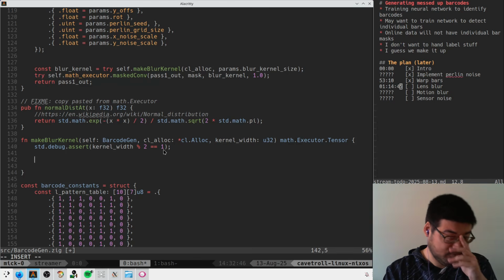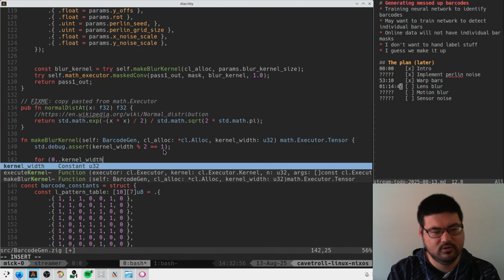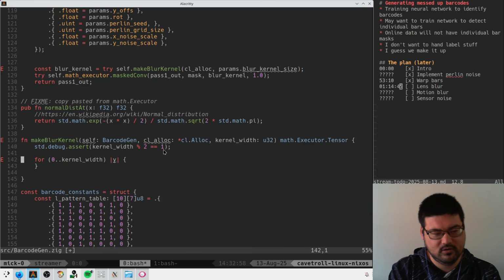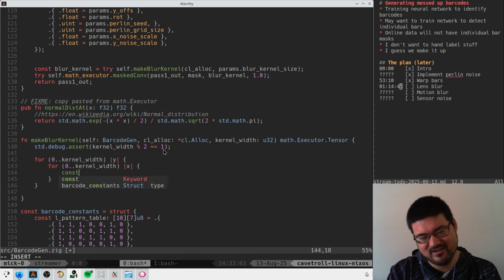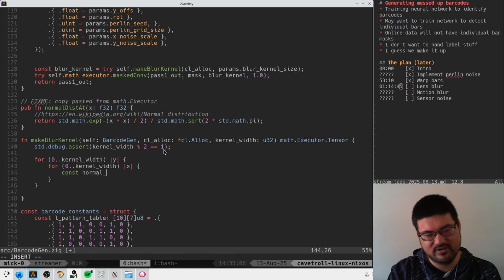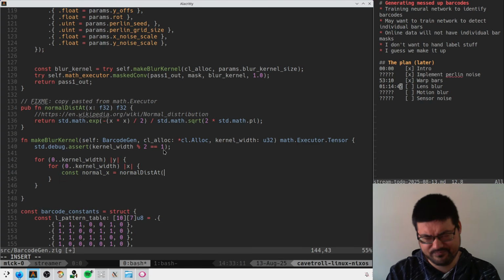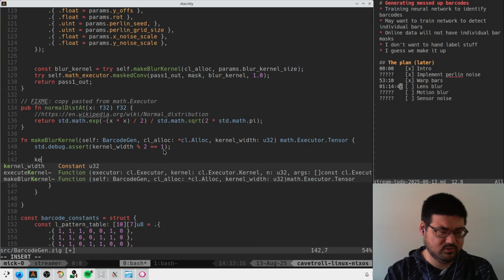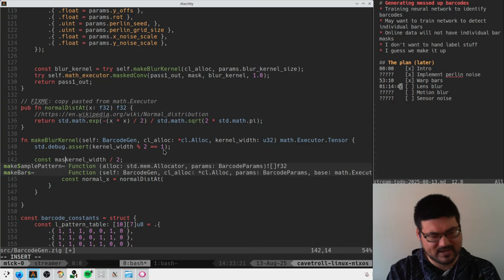We want to sample the normal distribution at, I guess it's 0 to kernel width, for Y and X. Normal X is normal dist at. So kernel width over 2 is something relevant. This is like max distance.